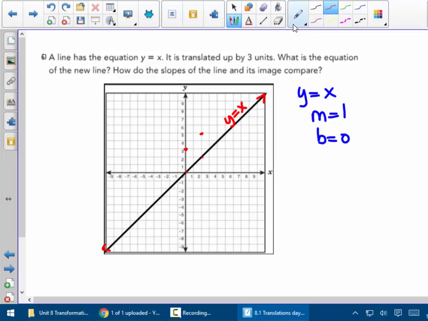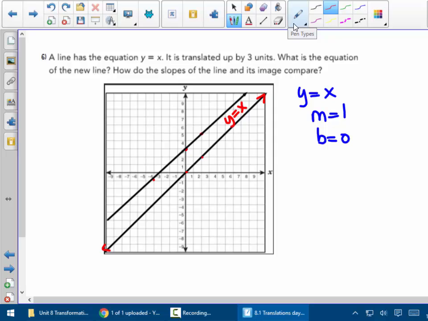Let's see, I'm going to take this one down here just because. -4, -4. If I go up 3, let's see, I have 3 points. I'm going to connect that using my line tool there. Let's see if I can do this. It's a little off.